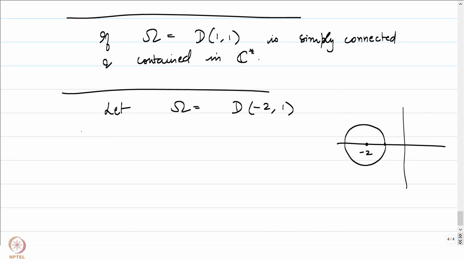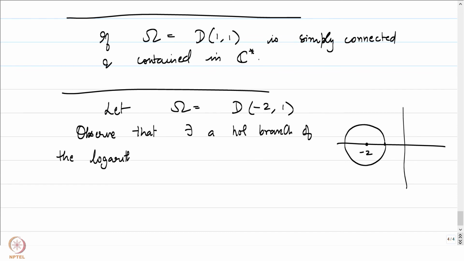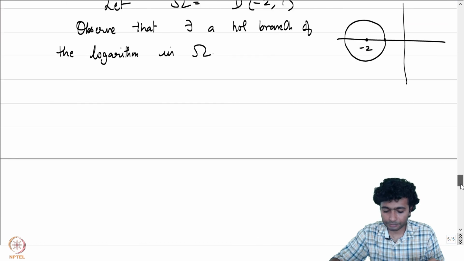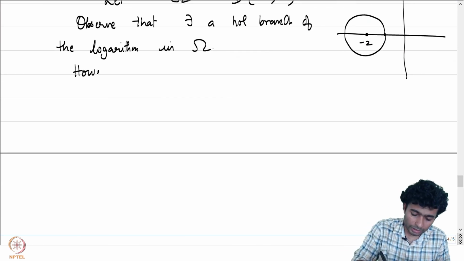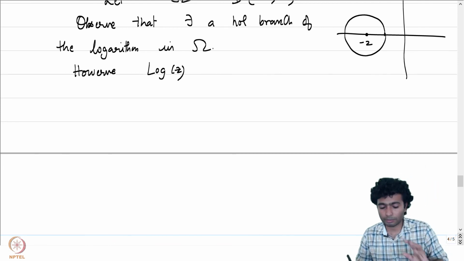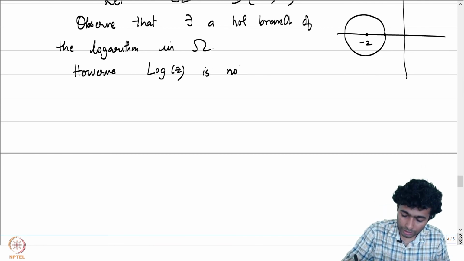So observe that there exists a holomorphic branch of the complex logarithm in omega, because omega is a simply connected domain contained in C star. However, also note that capital L log of z, which can be defined on C star by the way, is not continuous here.